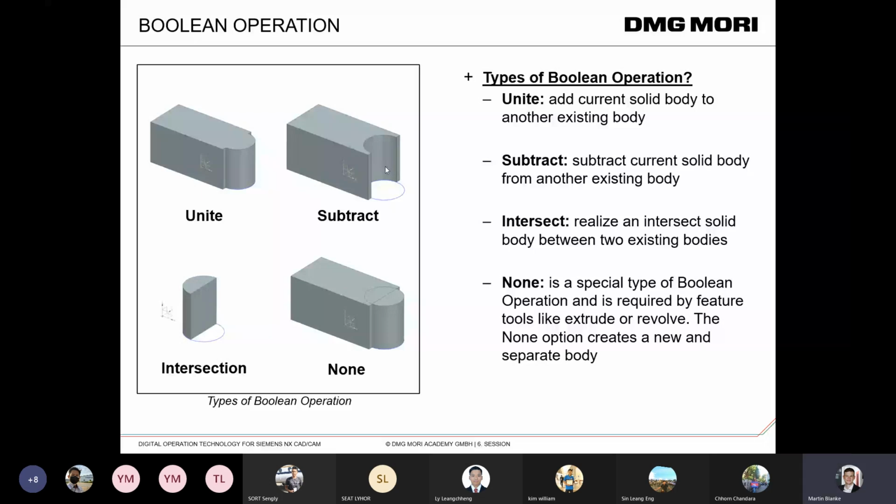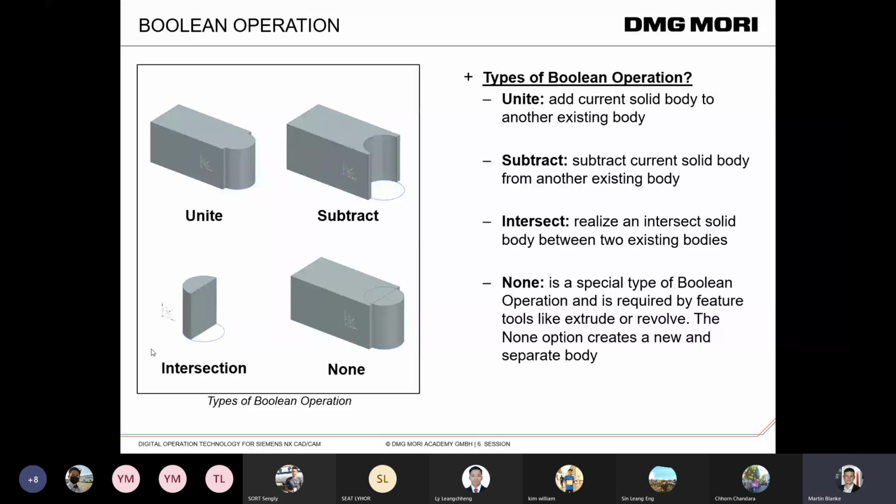The next one is intersect. It's a special one. We have two bodies, and this one realizes an intersected solid body between two existing bodies, and the result you can see on the bottom left side. So this is the intersection.